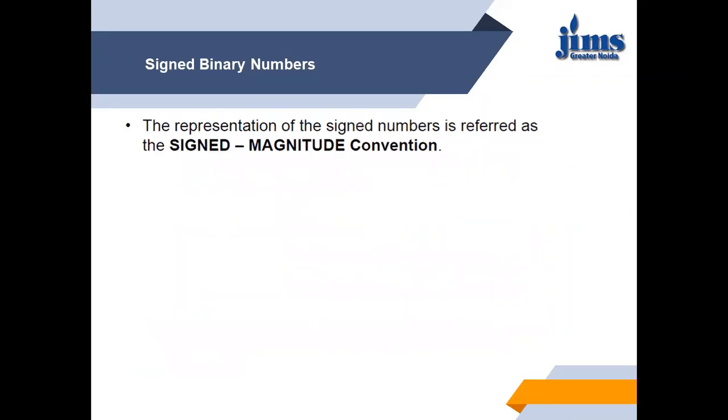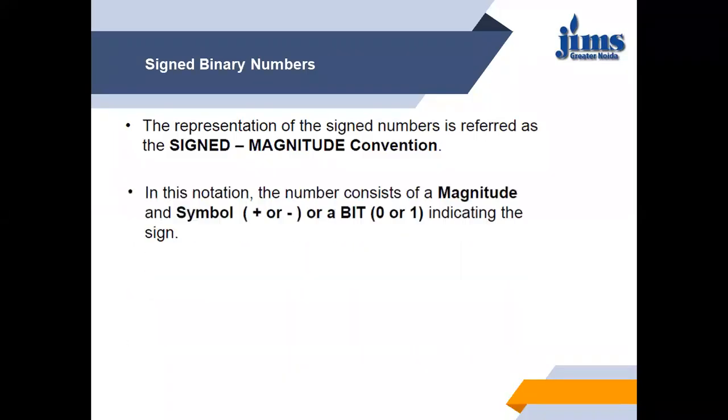Now, the representation of a signed magnitude number is referred to as the signed magnitude convention. In this notation, the number consists of a magnitude and a symbol, either plus or minus, or a bit 0 for plus and 1 for minus.